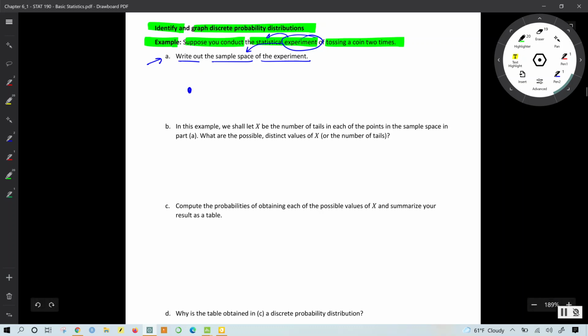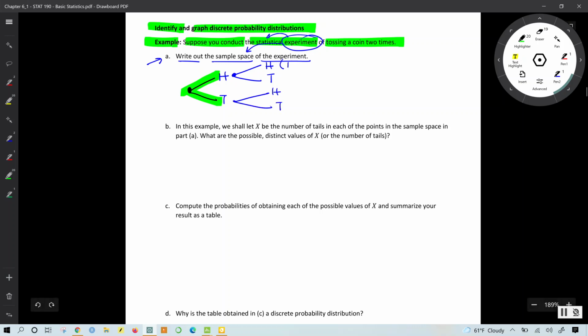If this is the coin, the first time it is tossed, you can either end up with a head or a tail. If on the first toss it is a head, then on the second toss it could be followed by either a head or a tail. The same argument can be made if on the first toss you got a tail: it could be followed by either a head or a tail.